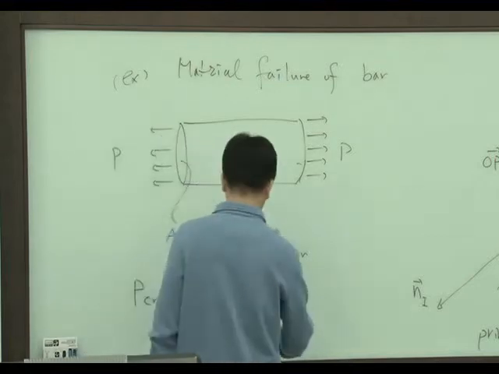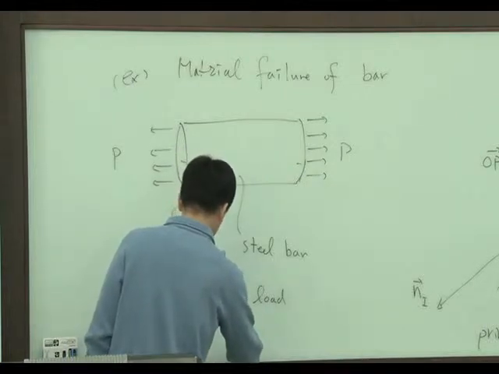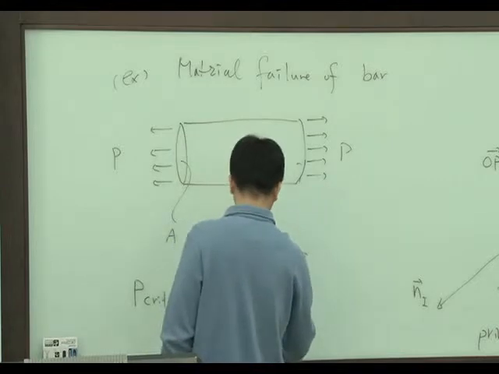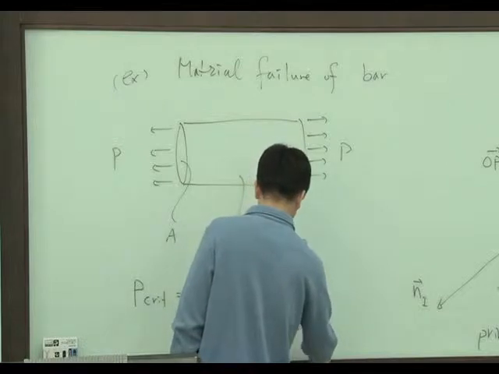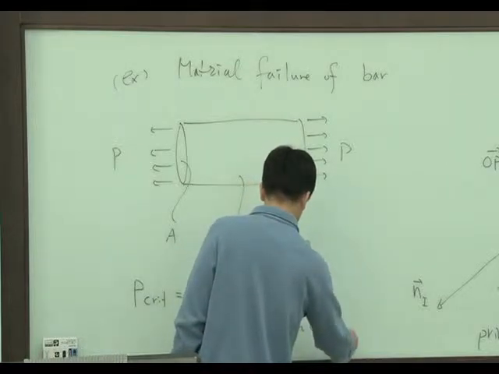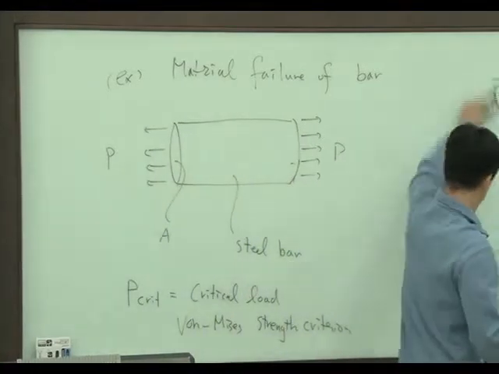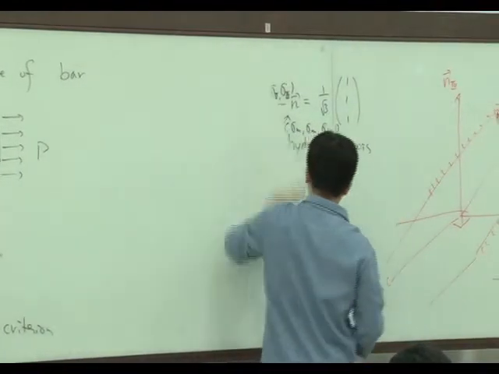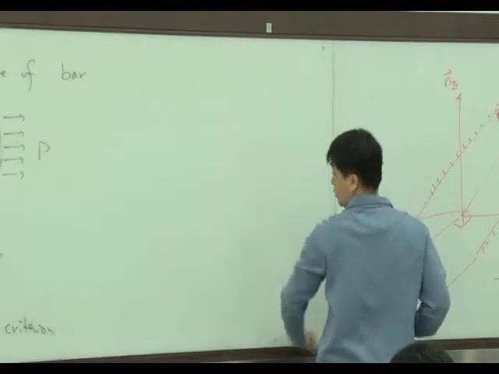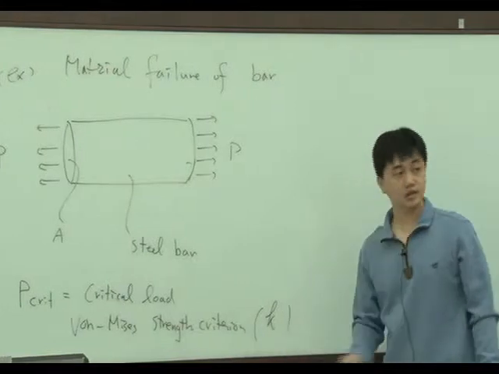And I would like to use the von Mises strength criterion. The material constant is K. K is given, right?